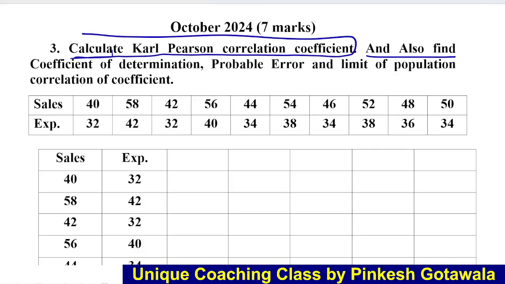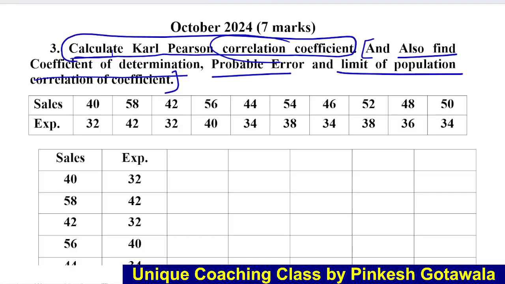Calculate Karl Pearson correlation coefficient, and the remaining parts I have added. Find out coefficient of determination, probable error and limit of population correlation coefficient. In the paper they only asked to find out correlation coefficient, means only r.